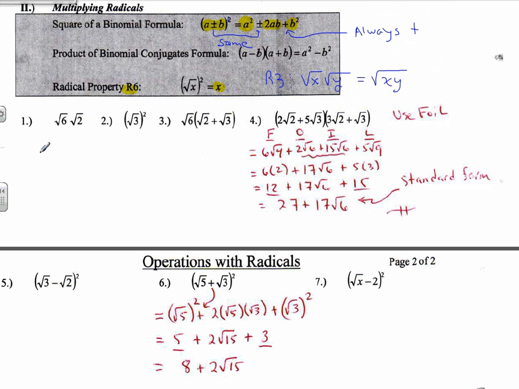First example, all I do is use property R3 here. I take the 6 and multiply it times a 2. That turns out to be the square root of 12.